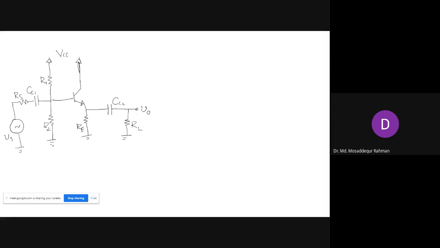So what is this configuration here? Common collector, sir. Common collector. So this is the common collector configuration, the common collector amplifier.